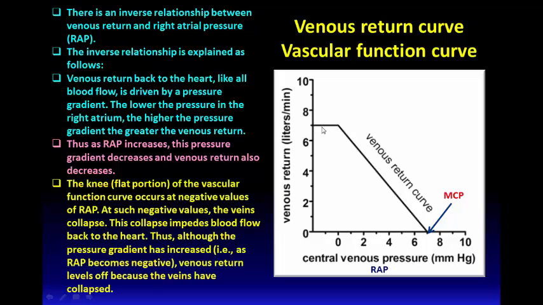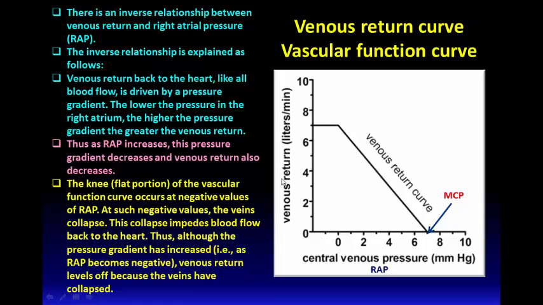The flat portion, which is known as the knee portion of the venous return curve, occurs at negative values of right atrial pressure. At such negative values, the veins would collapse, and this collapse of the veins impedes blood flow back to the heart.